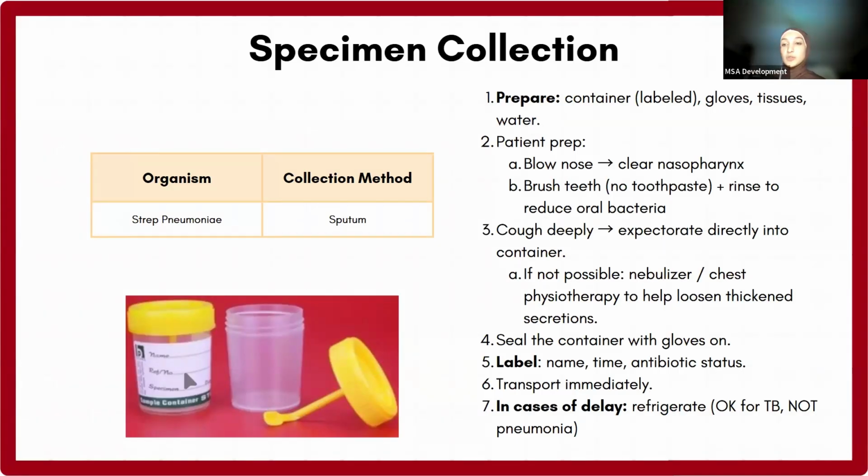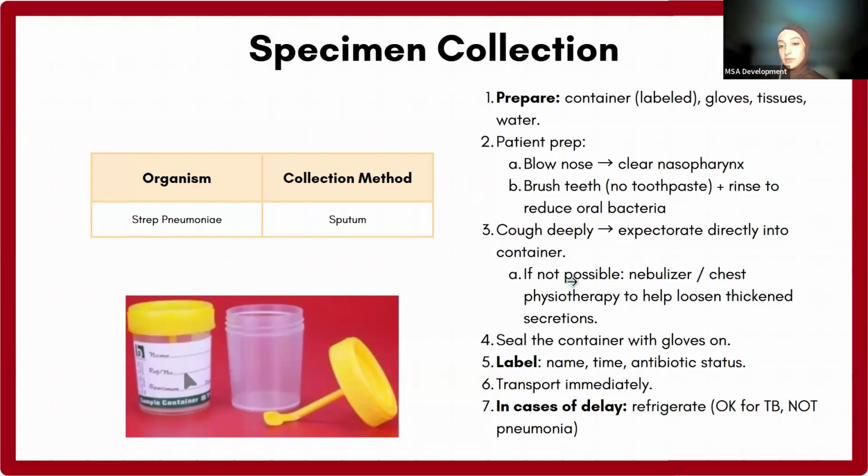You make sure that they brush their teeth without toothpaste, and this is to reduce oral bacteria, and then you ask them to cough deeply in order to get the sputum out, okay? And then you spit it into the container essentially, okay?